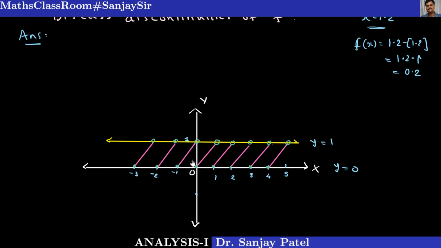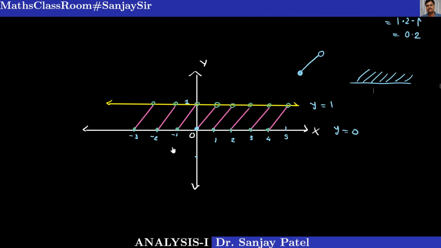And the function is closed at the lower end of each line segment, and open at the upper end. So this kind of line segments are there. It looks like a tooth which a carpenter uses. It is also known as the tooth wave function.